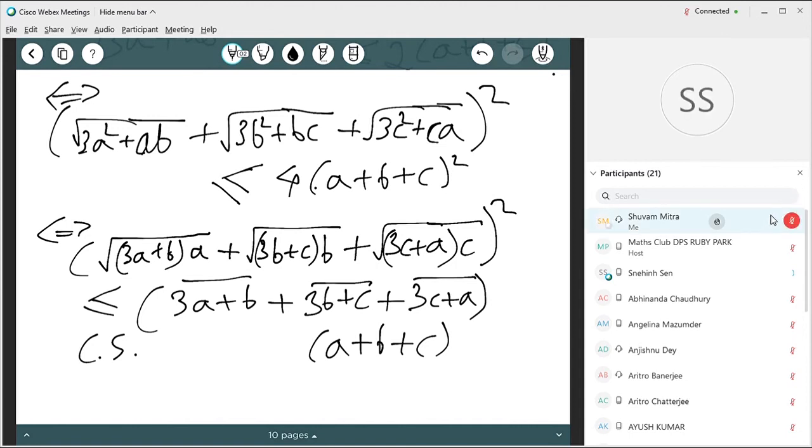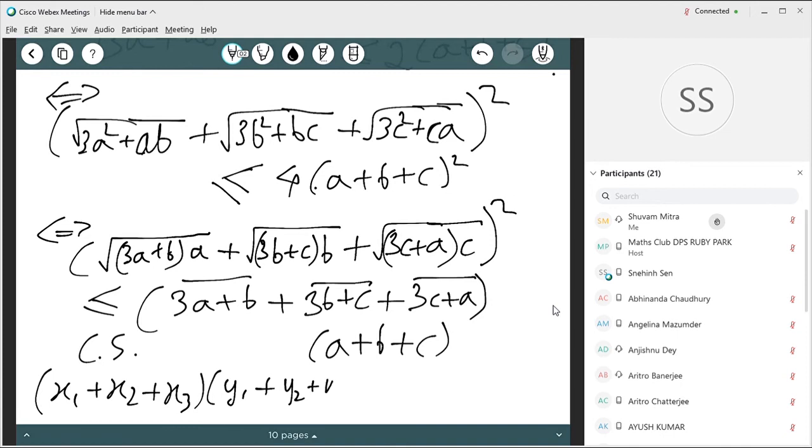Okay, so basically, Cauchy-Schwarz in the second form, as I wrote, you can use this form of Cauchy-Schwarz as well. If these are all positive, this is nothing but again the Cauchy-Schwarz inequality, right?